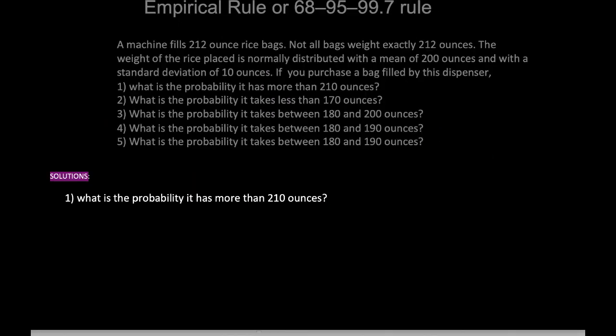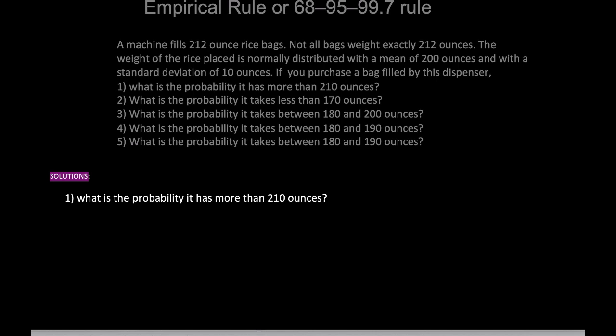Now let me explain this example. A machine fills 12 ounce rice bags. Not all bags weigh exactly 12 ounces. The weight of the rice placed is normally distributed with a mean of 200 ounces and a standard deviation of 10 ounces.